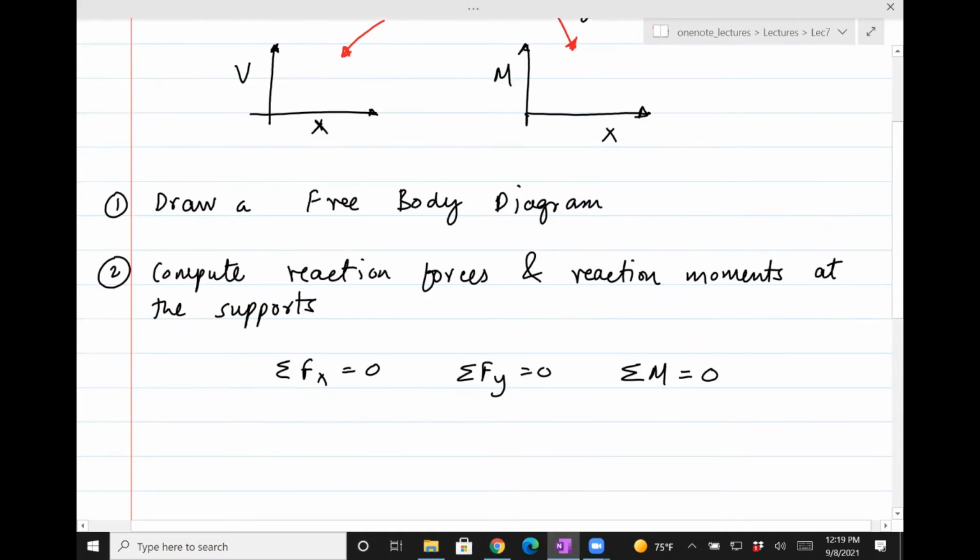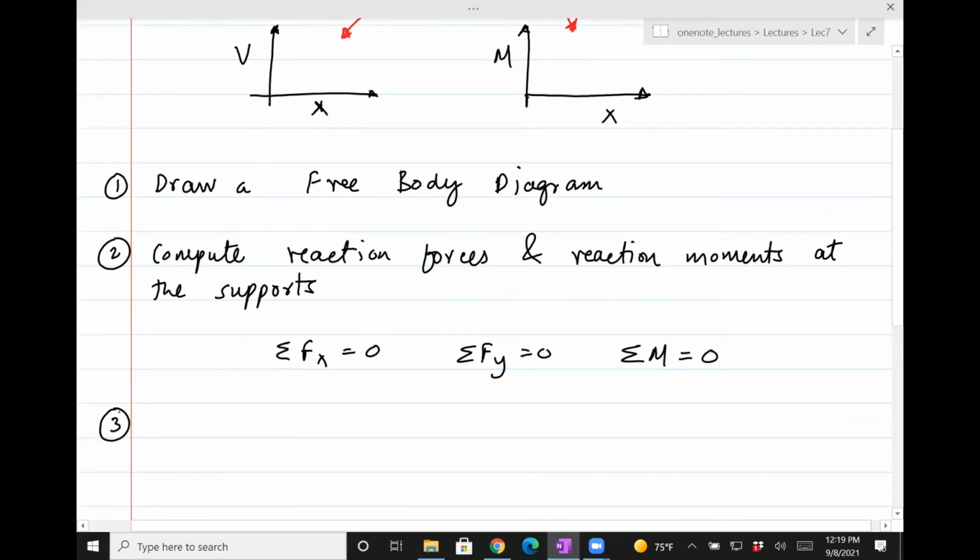Okay, so the last step, which is the shear force bending moment diagram, is as follows.